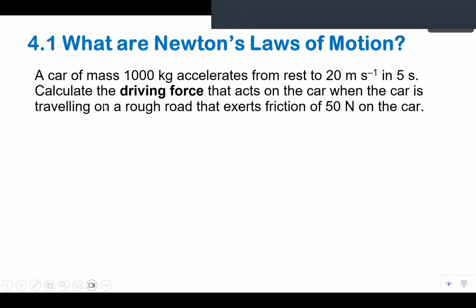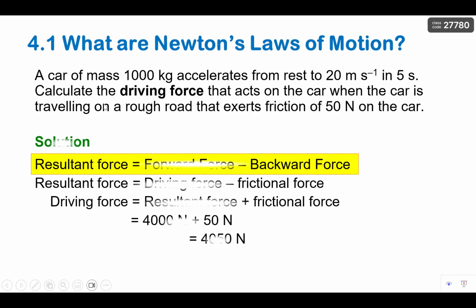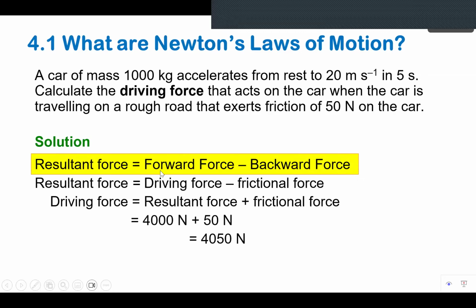I am interested in finding the driving force, which is one of the two forces that act on the car. So on the car, there's a driving force and there is a friction that acts backwards to give my resultant force. So another formula that you need to know is: resultant force is always equal to the forward force minus the backwards force.